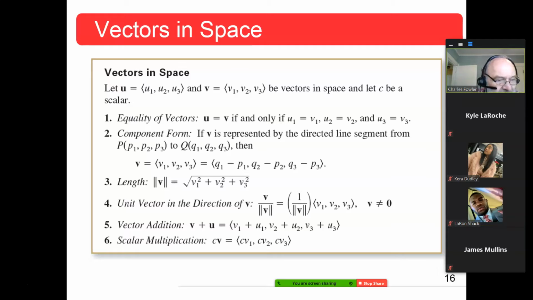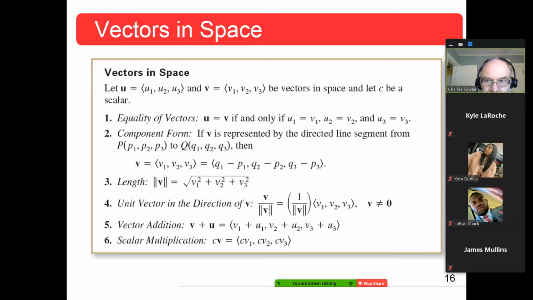All right, if not, we're in Chapter 11, Vectors and the Geometry of Space, in Section 11.2, Space Coordinates and Vectors in Space. And this is on page 764. We're on this blocks rectangle in the middle of the page.